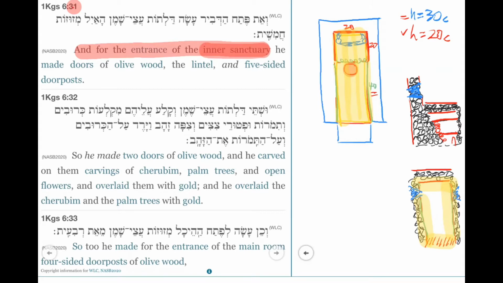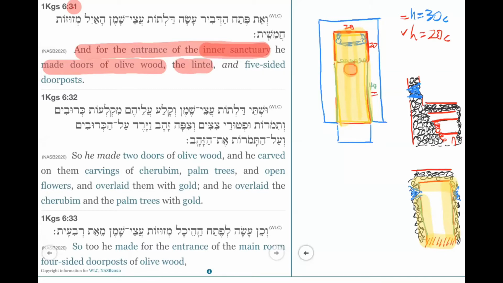This description is called the inner part of the house. The inner part of the house would be very much the Holy of Holies. The entrance to the Holy of Holies, there was a door of olive wood. He made doors of olive wood.